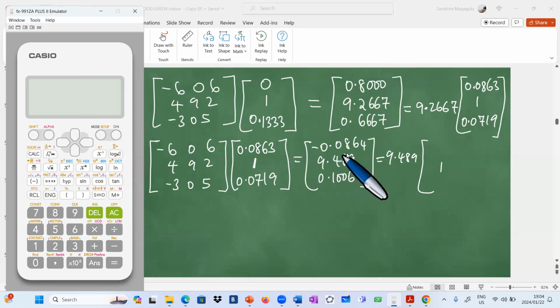And then now the top one here also, if you divide this one by this, so minus 0.0864, you divide by 9.489, minus 0.0091.